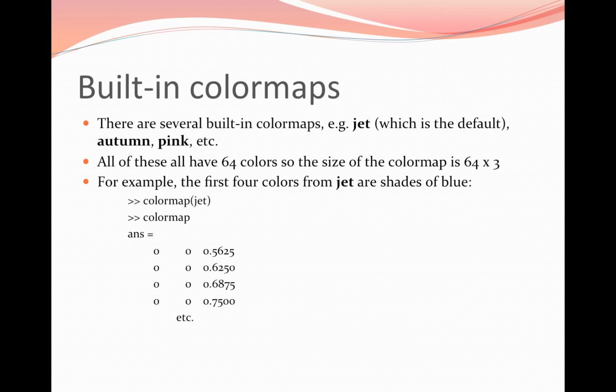Remember, it's red, green, blue components. So the zeros say we have no red, we have no green, but we have varying shades of blue. So those are the first few colors in the Jet color map. Since there are 64 colors, if you looked at all 64 rows in the Jet color map matrix, you would see what the different colors are.